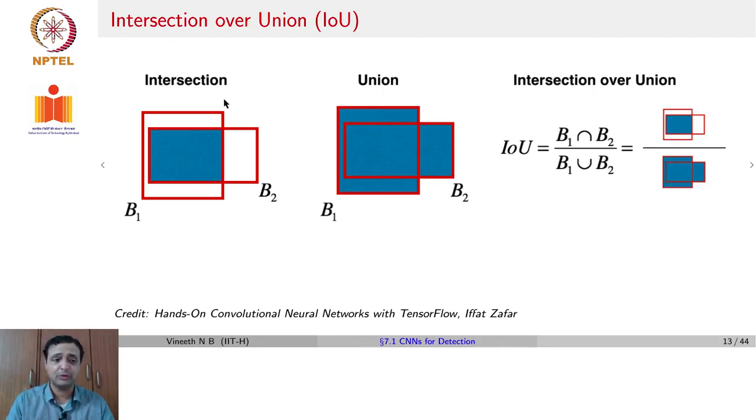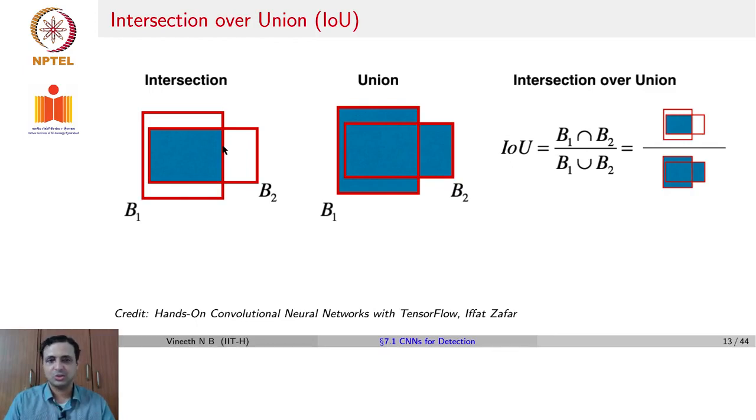Intersection over union states that if you have two bounding boxes, B1 and B2, you take their intersection and you take their union. The ratio of the intersection to the union gives you a sense of how close these bounding boxes are. If the ratio is 1, which means the bounding boxes B1 and B2 are exactly the same, or as they get close to 1, you're going to have that these bounding boxes are fairly overlapping with each other.